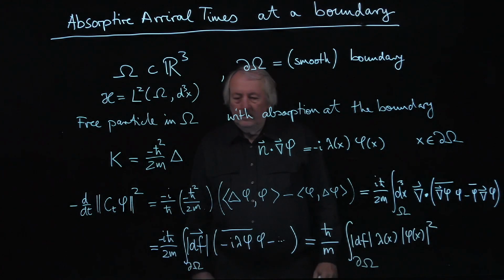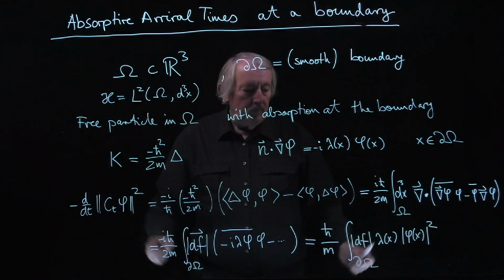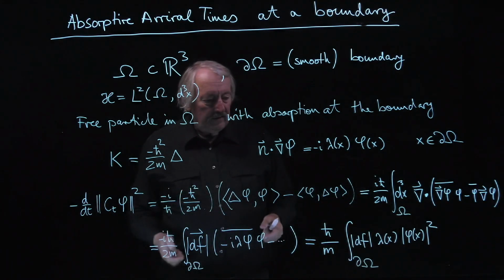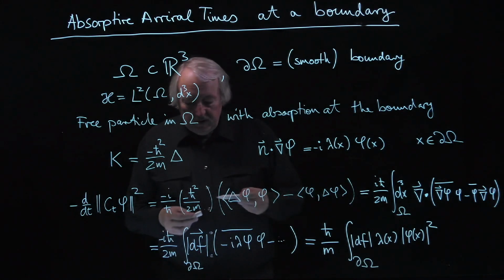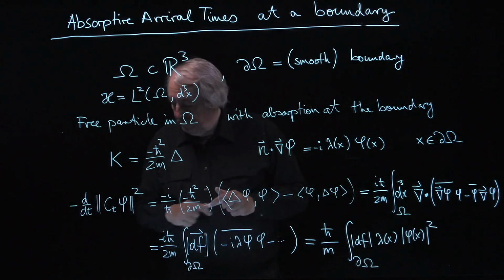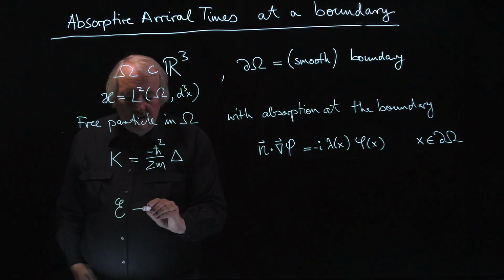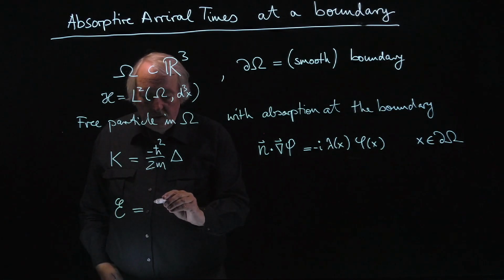Okay, so this is our final formula for computing the exit space scalar product, or the exit space norm, and we can always get the scalar product out of this. So, in other words, we have computed the exit space, so let me write it down. The exit space is the following. We can just see from the scalar product there.